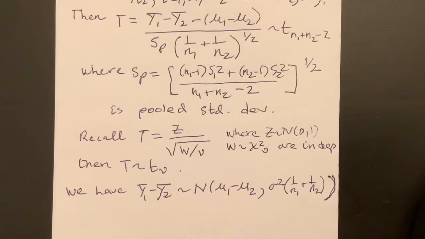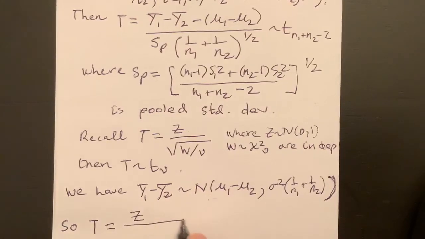Okay, right. All right, so can we write t as having z on the top? So I have y1 bar minus y2 bar, and I have minus its mean. So if I divide by the square root of the variance, I then have a normal, right? So t is then equal to, and rather than write all that, I'm just going to write z for this.